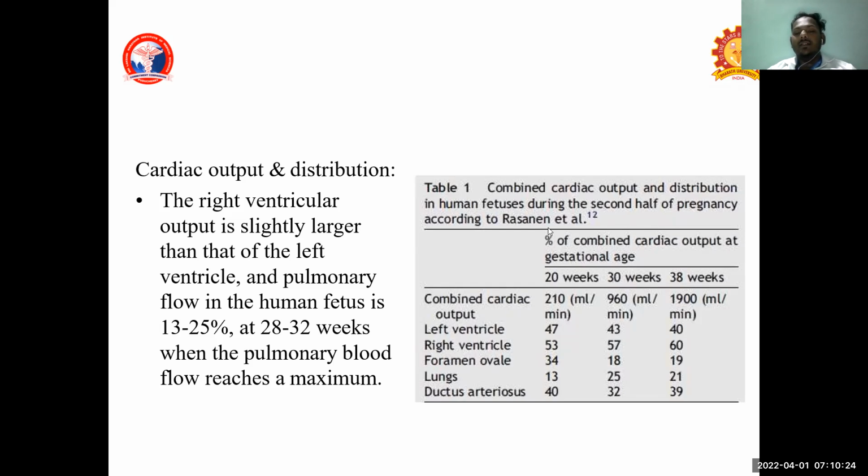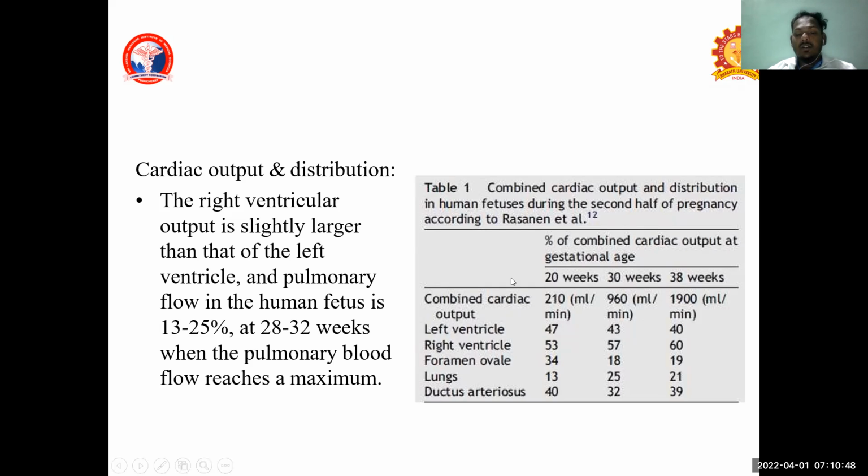This table depicts the cardiac output and distribution in a human fetus during the second half of the pregnancy, according to Rasanen et al. So, combined cardiac output at 20 weeks is 210 ml per minute, at 30 weeks it increases to 960, and at 38 weeks it increases to 1900 ml per minute.